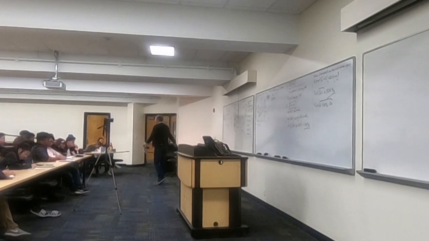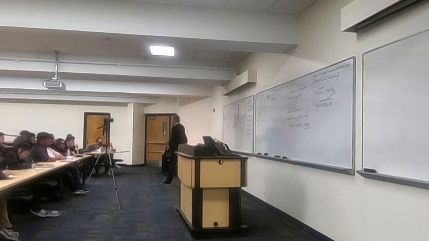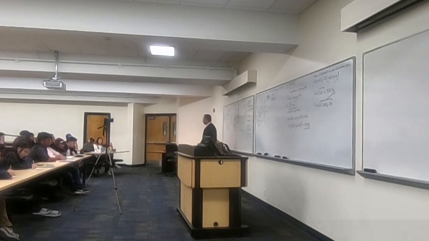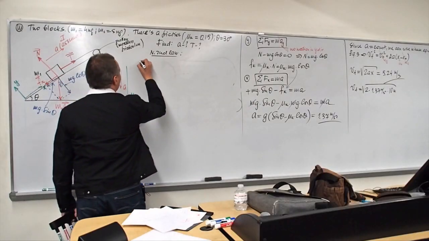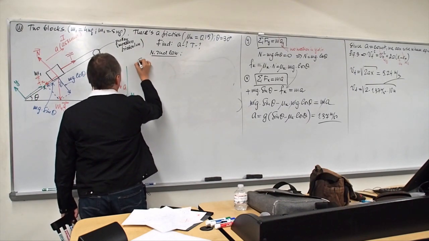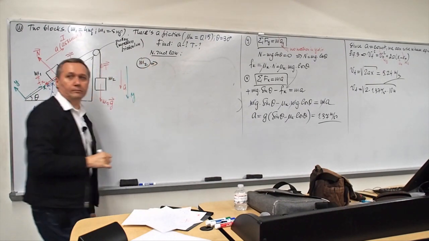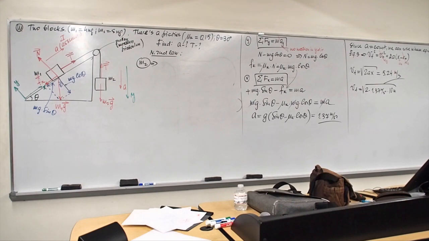No, we just need to find acceleration or one of the forces. Newton's second law will take care of that, right? So let me start with M2. Again, if something is not clear in terms of my handwriting, tell me immediately, right?